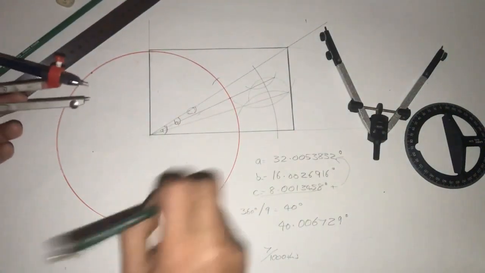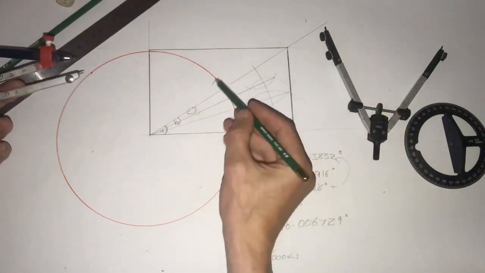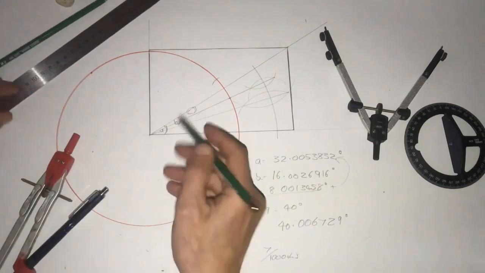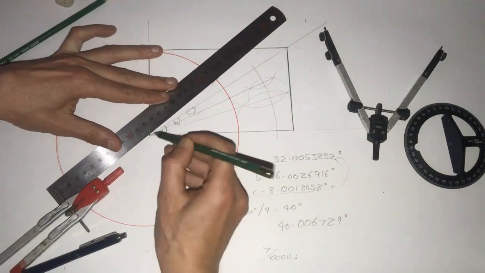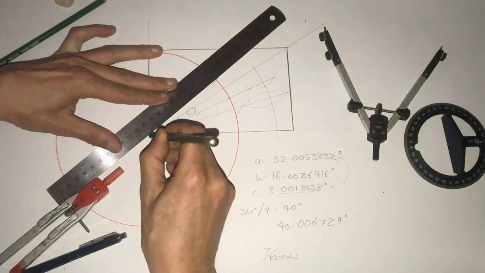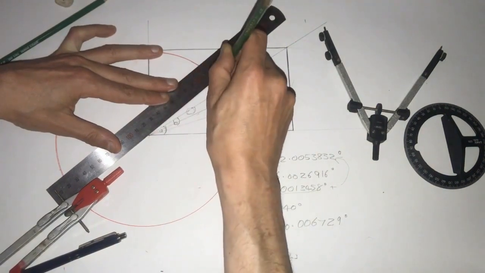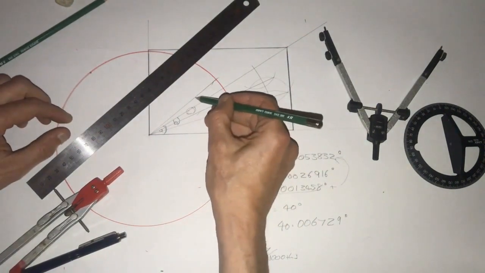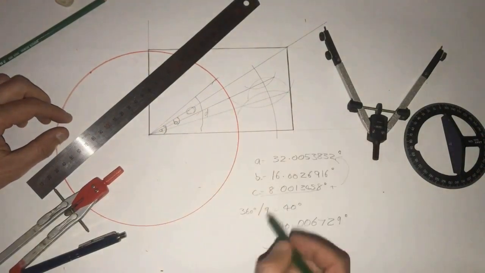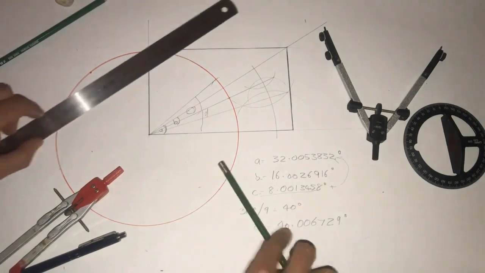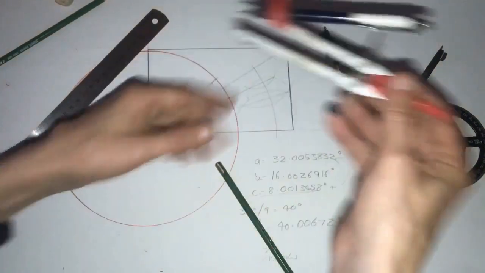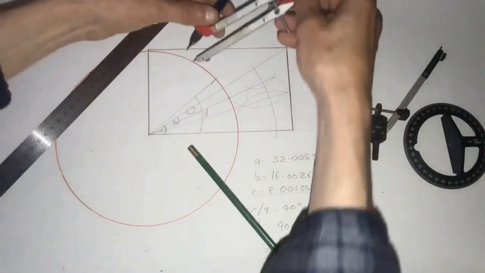Okay, so if drawn properly, this angle D would be 40.0067 degrees.